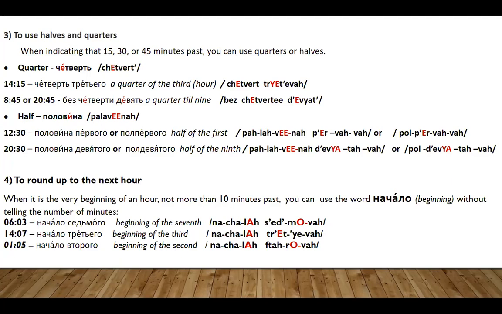Начало третьего. And pay attention, such simplified forms are used with the 12-hour clock because it's easier, not with the 24-hour clock. The 24-hour clock is very formal, and you have to use the whole proper way to say the numbers. 1:05, начало второго.